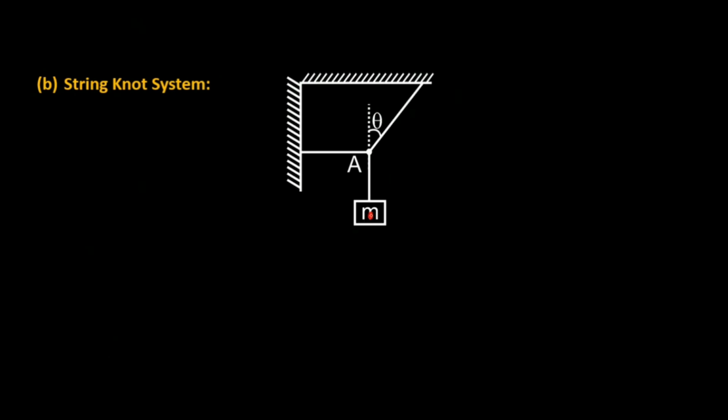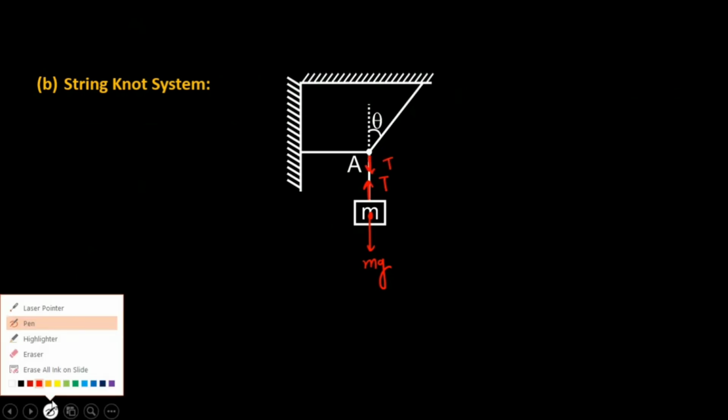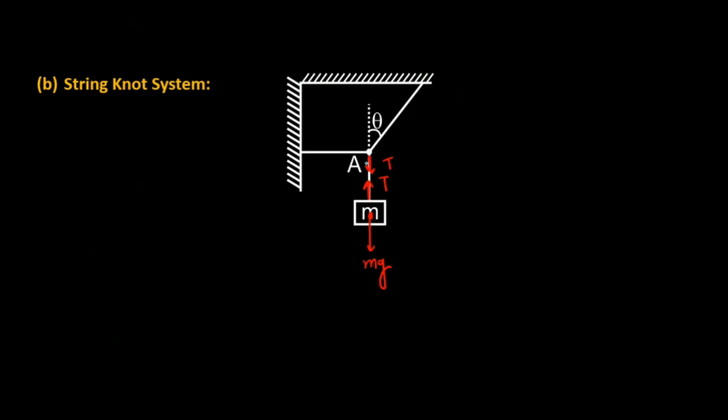So here there must be mg that we should apply the very first. Now because of this mg there must be some tension here, T, and that tension must be here as well, T. Now as the rope experiences other ropes connecting with it, the tension will divide.